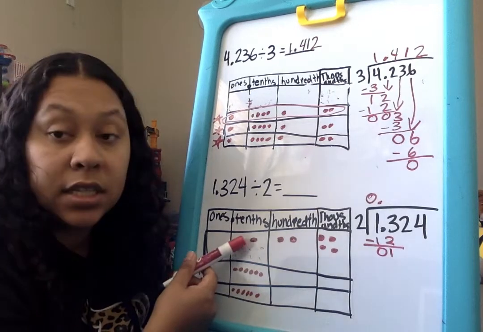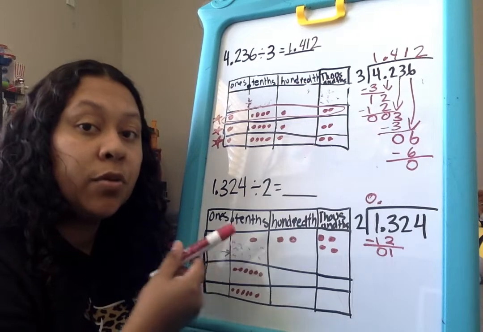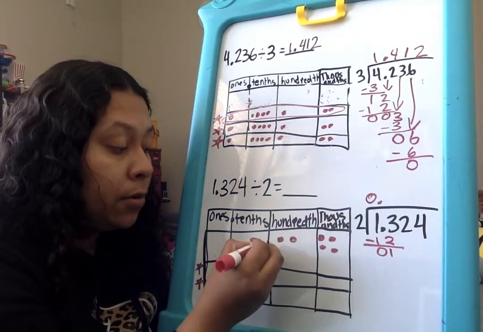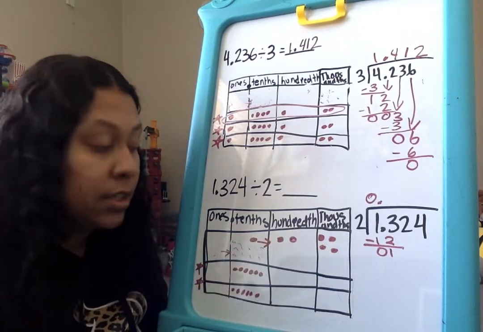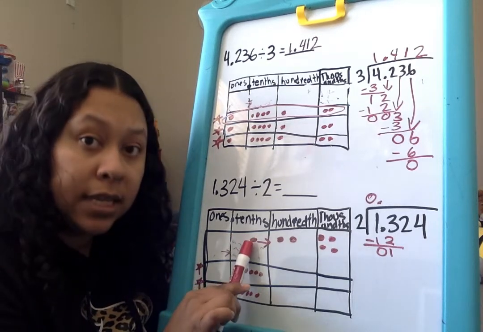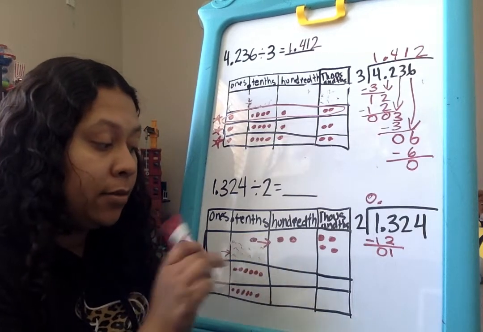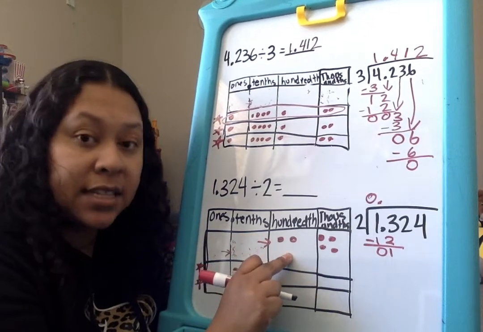So here's the 1 tenth that's left over. So now this 1 tenth, we need to regroup it or exchange it for more pieces. Still the same value, but more pieces. So now this 1 tenth is equal to 10 hundredths. So we're going to take this one out and add 10 more here.